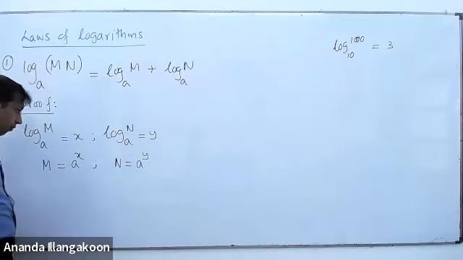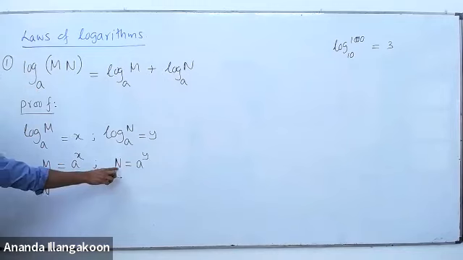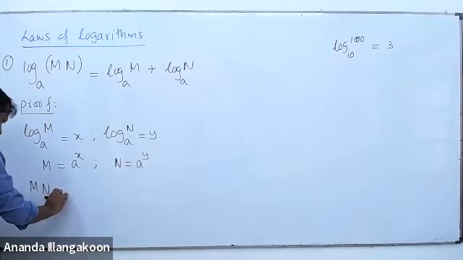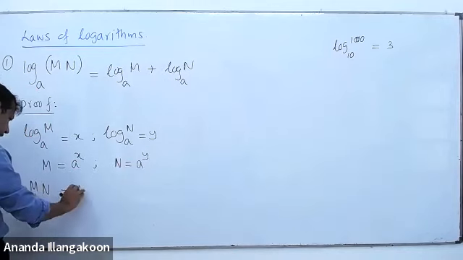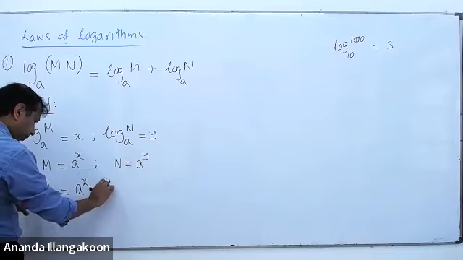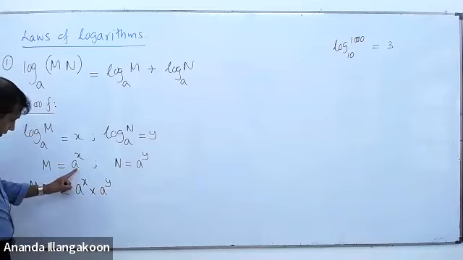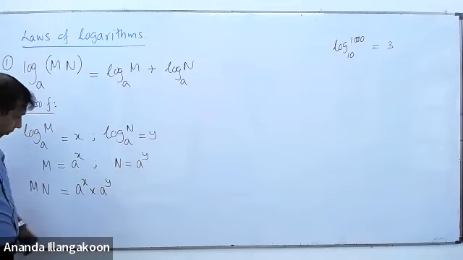Now, what I do next is multiply this m and this n. When you multiply m and n, substitute for m: a to the power x multiplied by n, a to the power y. This way, I substitute a to the power x for m and a to the power y for n.